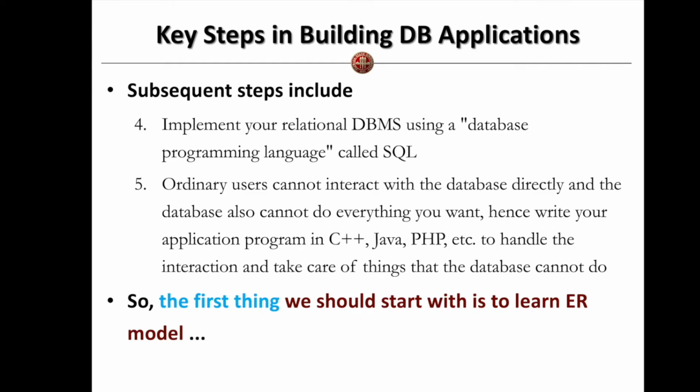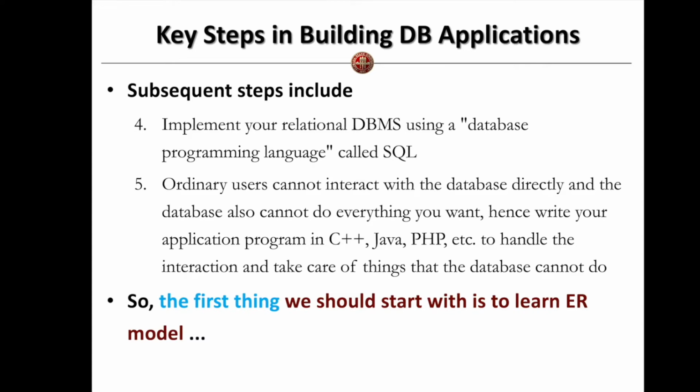Then we have to write some program for us to handle the DBMS, to do the data management. We can write our program in C++, in Java, in PHP, and Python, and some other language you prefer to handle the interaction and also take care of things the database systems cannot do. This step is called implementation of your database system for the specific application you choose.